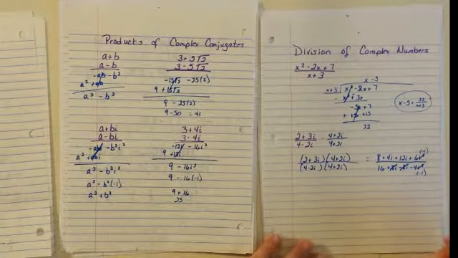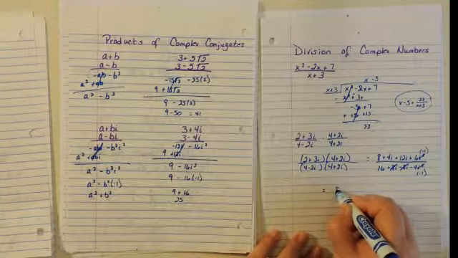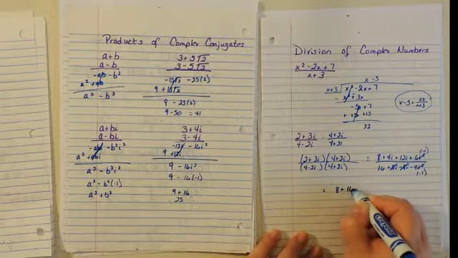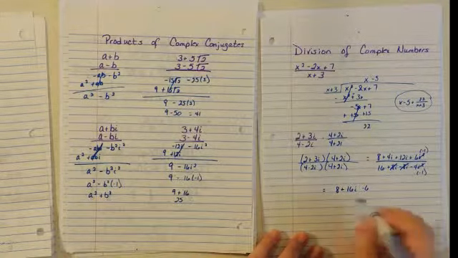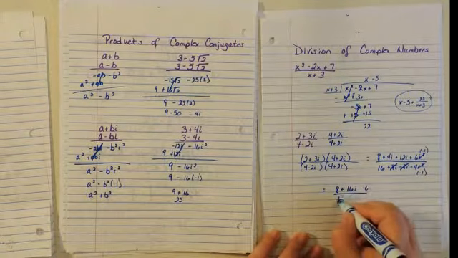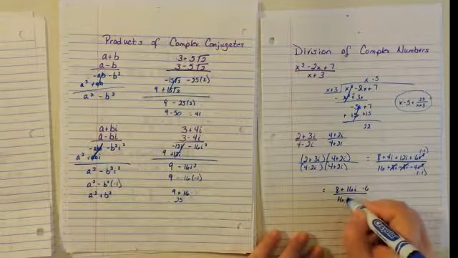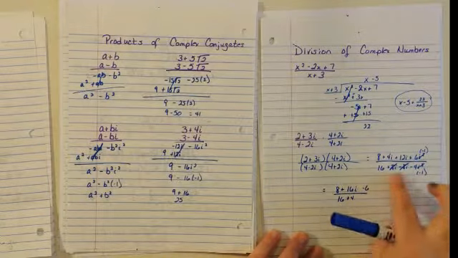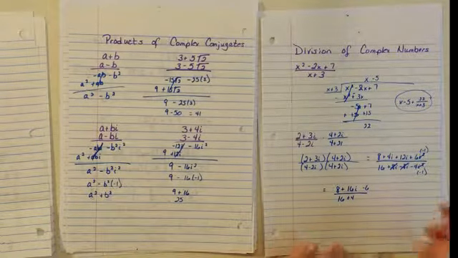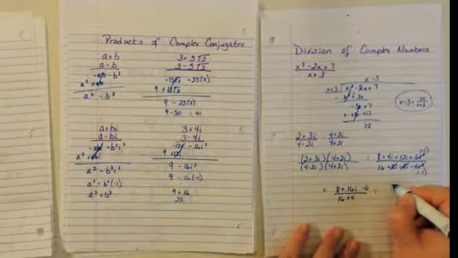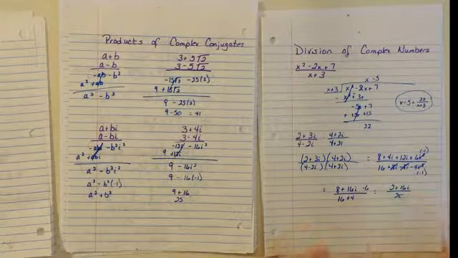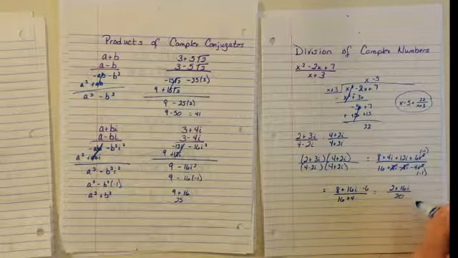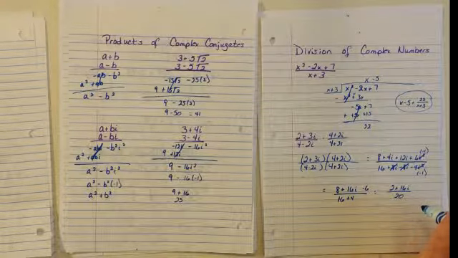Now we can simplify this mess. So we have 8 plus 16i minus 6 over 16 plus 4. Notice all the i's in the bottom have disappeared. So over here we have 2 plus 16i over 20. Okay, we need to put this back into standard form.